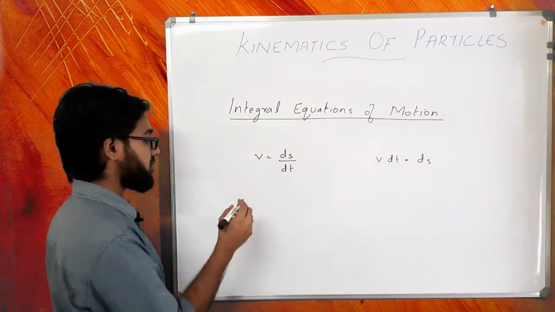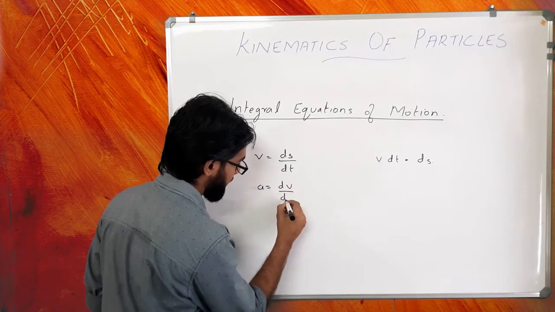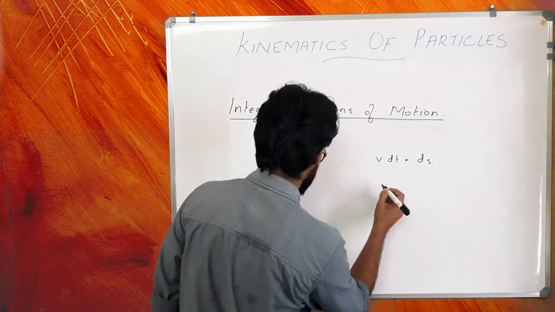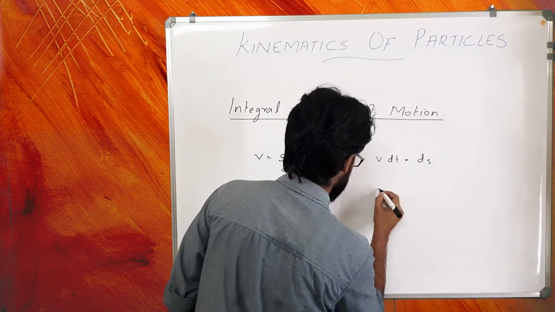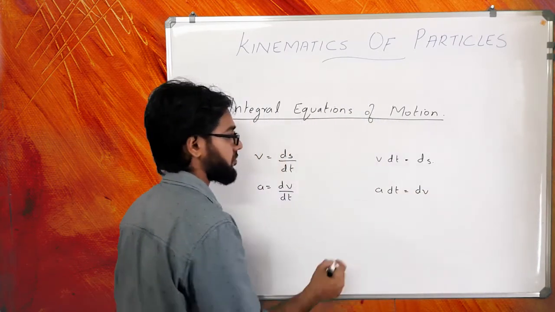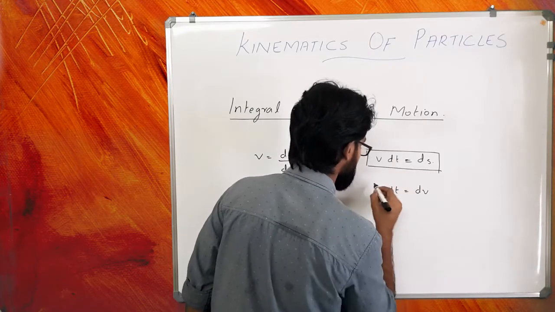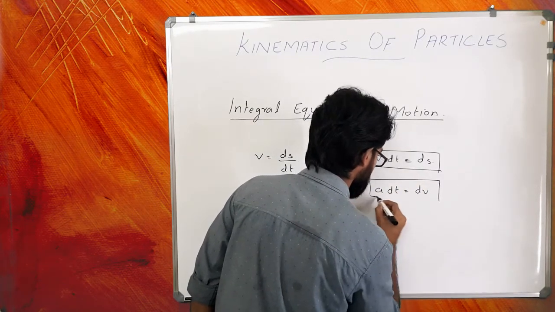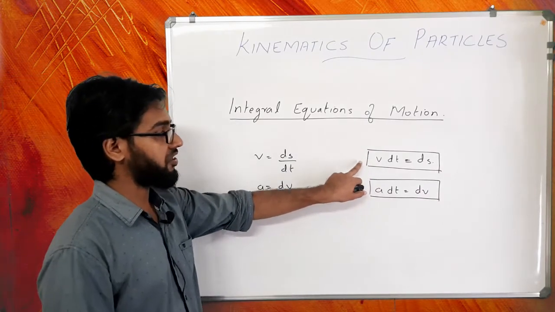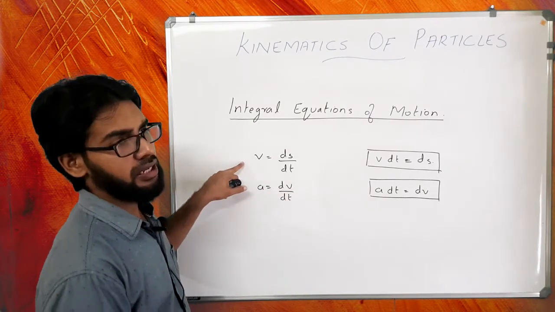The second equation which we had studied is A equals dV by dt. This corresponding equation can be rewritten as A dt equals dV.